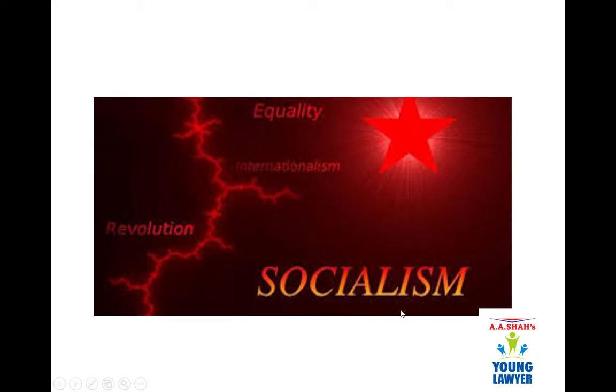So socialism means that India is a welfare state, and the government will work for the welfare of the people. That is why we have something known as the directive principles of state policy, which are basically the guidelines based on which the government should be forming any laws. So this is one of the keywords of the preamble, that India is a socialist nation.